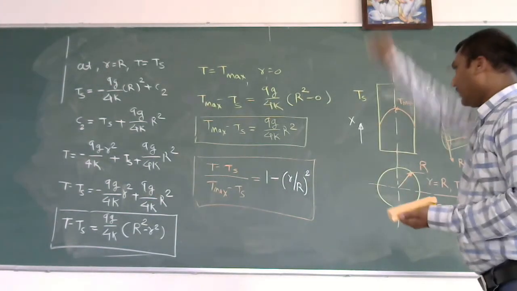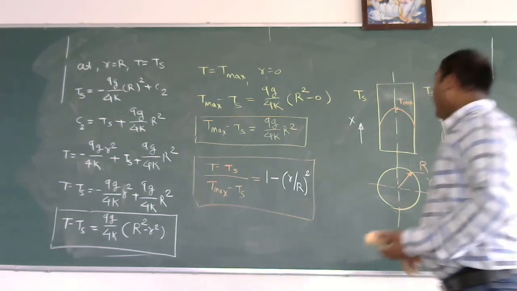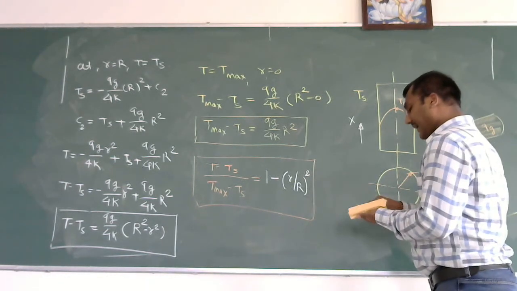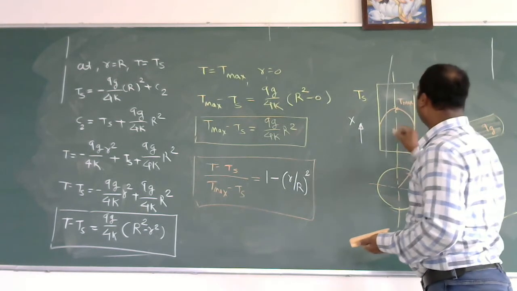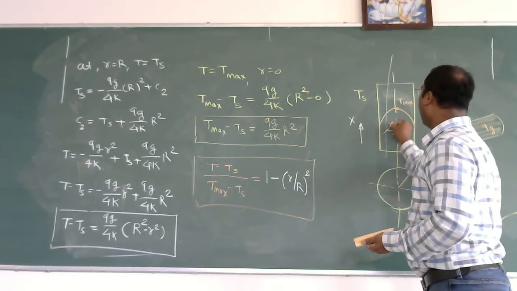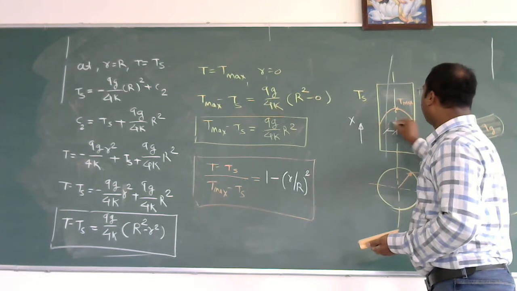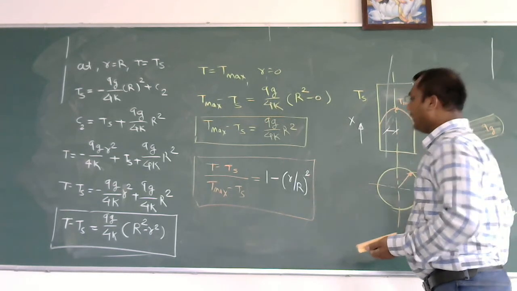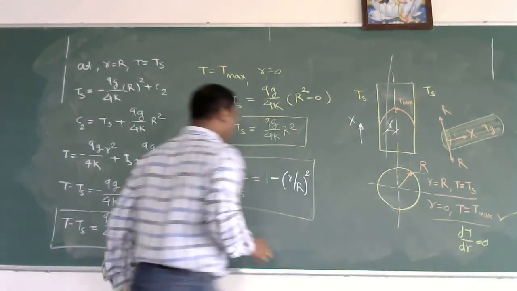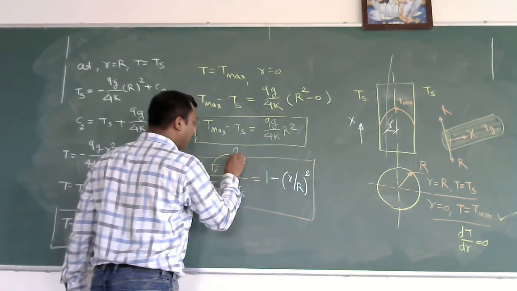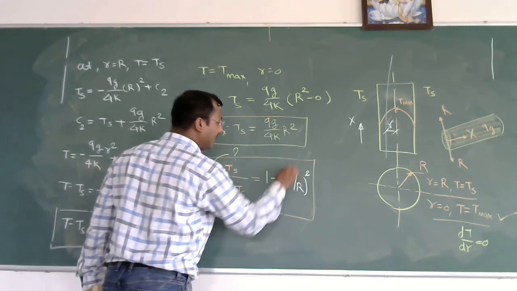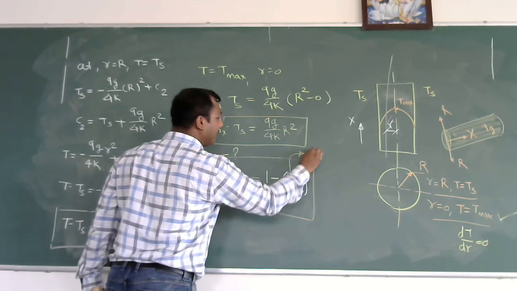Now see what is the utility of this equation. If I am interested to find the temperature anywhere, suppose I am interested to find the temperature at radius r. What I need to do is put the temperature T at the given radius r, and you need to put what is the radius r.